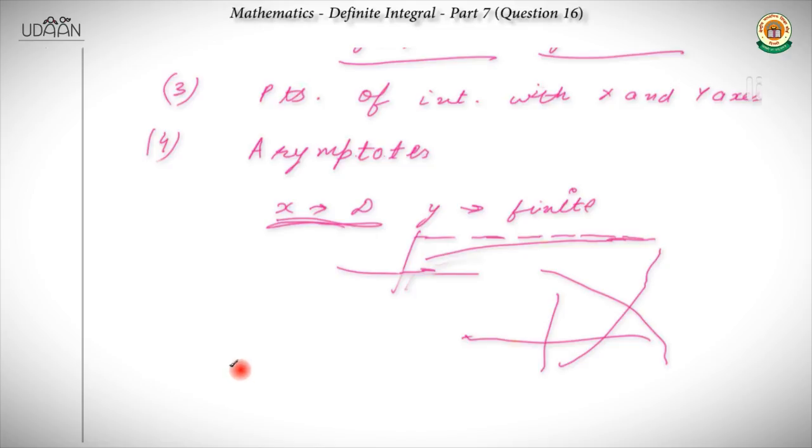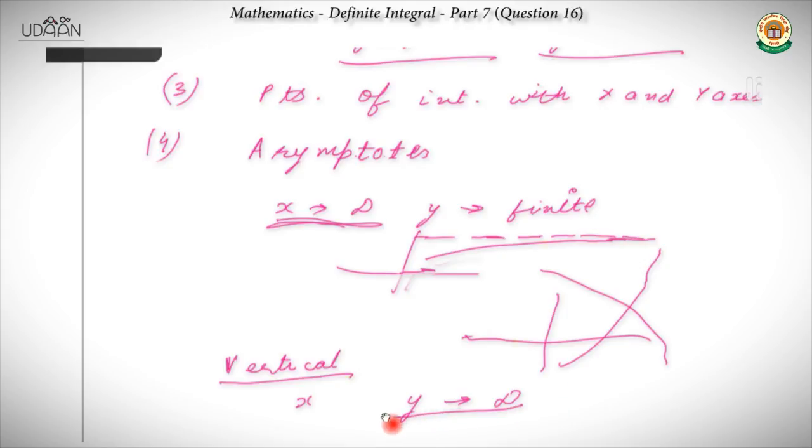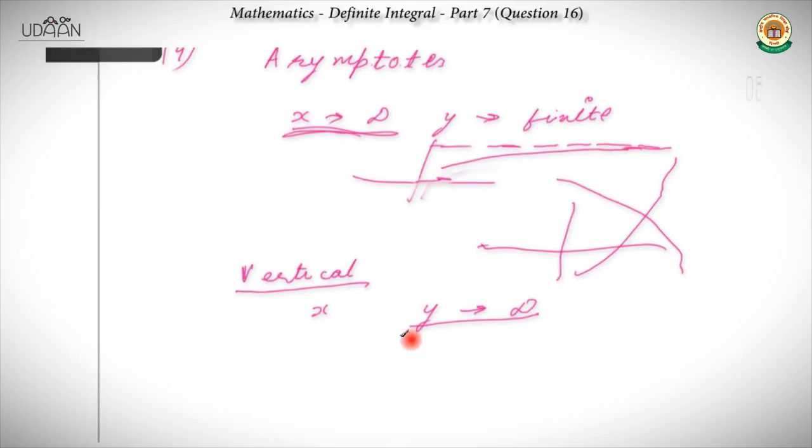Next, we can check for vertical asymptotes. This was for horizontal asymptotes. For vertical asymptotes, if for some particular value of x, y tends to infinity, then we say there is a vertical asymptote.